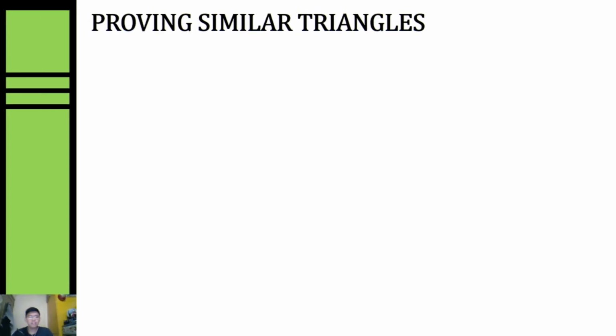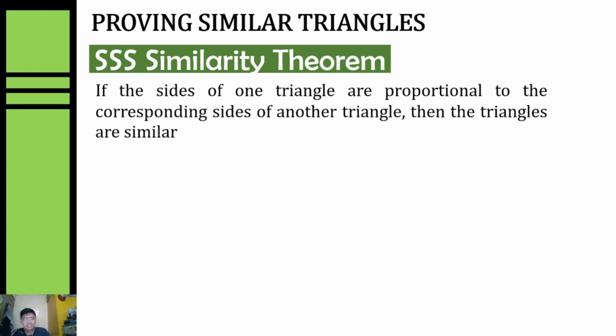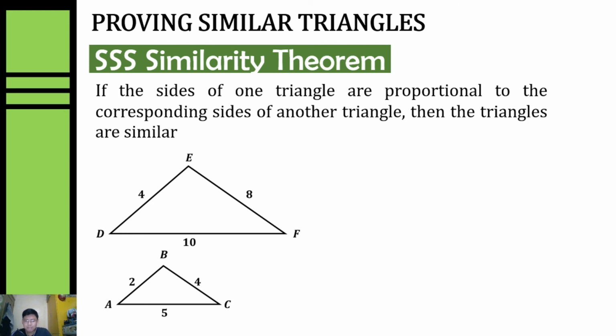Let's talk about the last theorem, which is the SSS Similarity Theorem. For the SSS Similarity Theorem, if the sides of one triangle are proportional to the corresponding sides of another triangle, then the triangles are similar. So let's have an example. We're given these two triangles, and let's see if they are similar to each other.